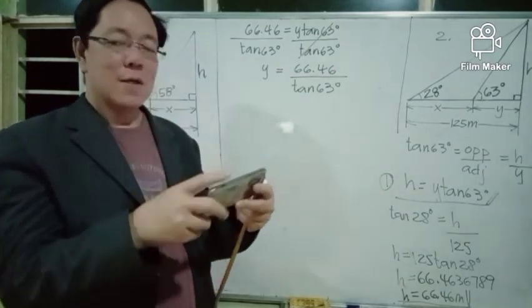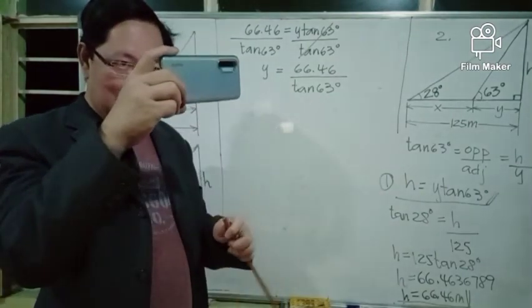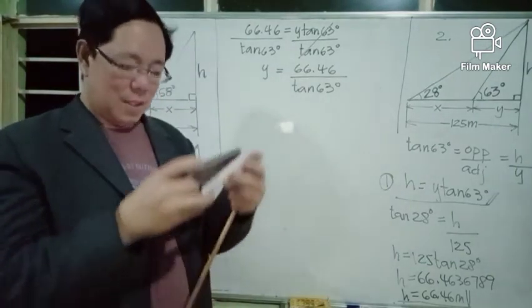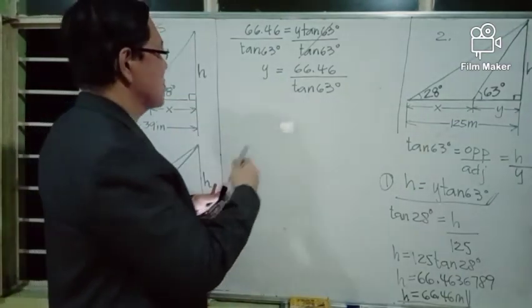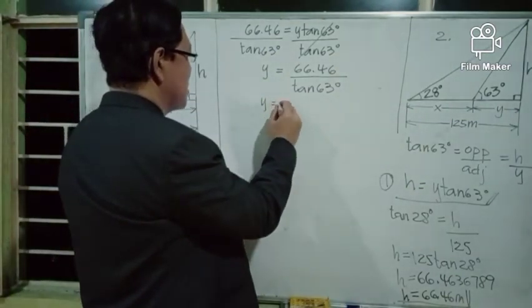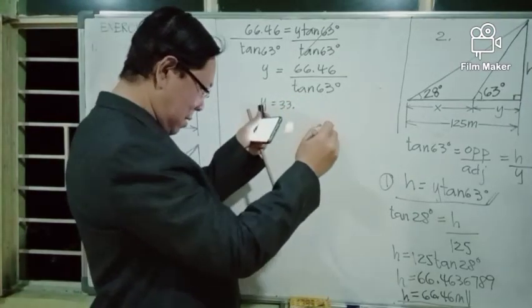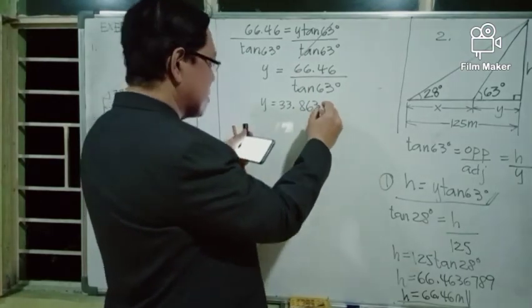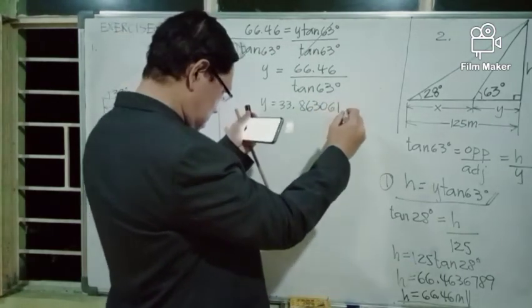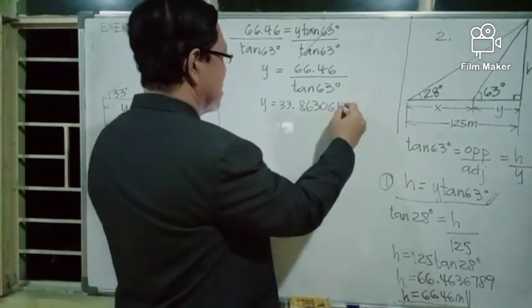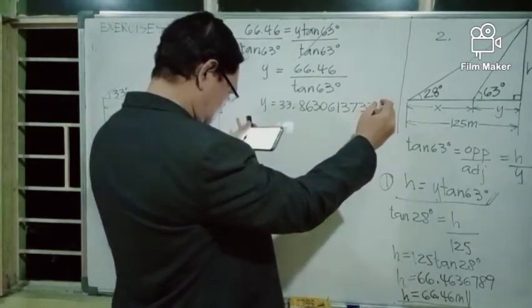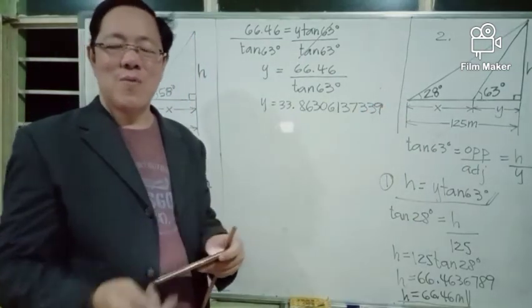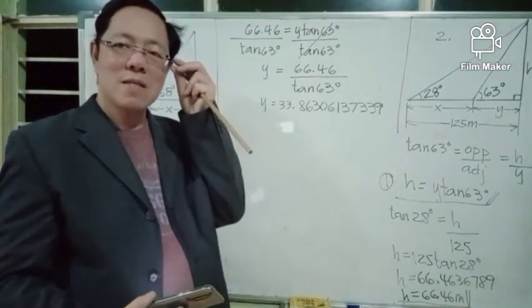33.863061. Again, we round off our answer to 2 decimal places.